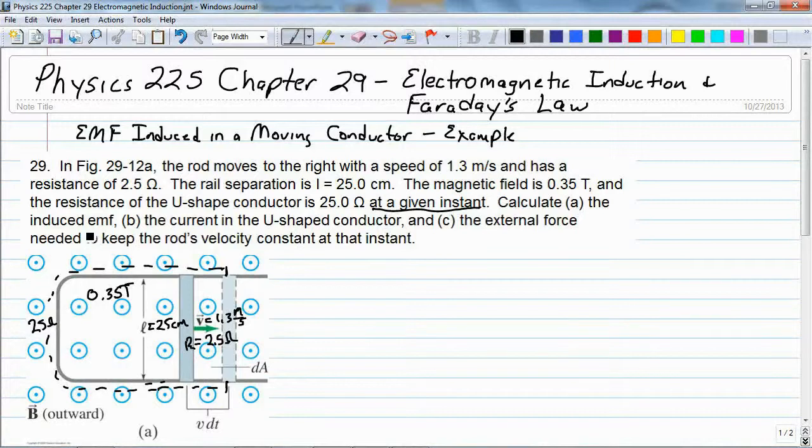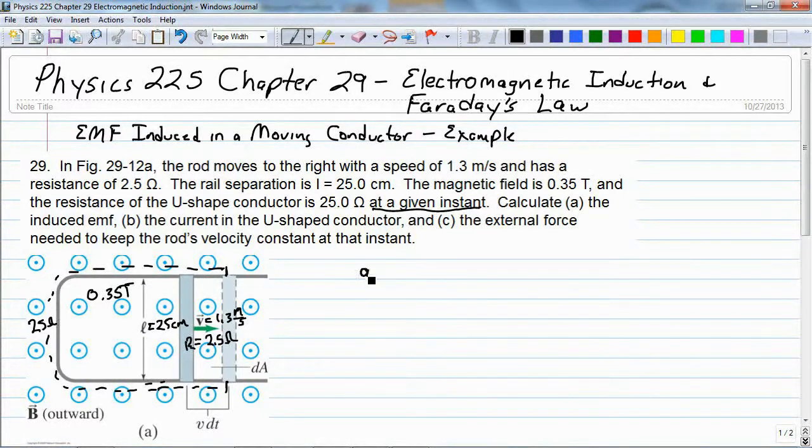We want to calculate the induced EMF, the current in the U-shaped conductor, and the external force needed to keep the rod's velocity constant at that instant. So we have all of our stuff given here.